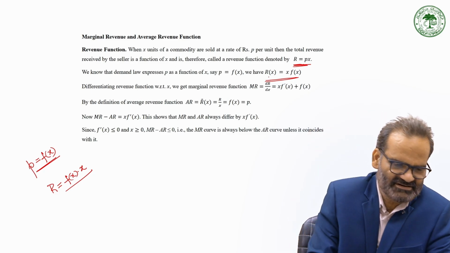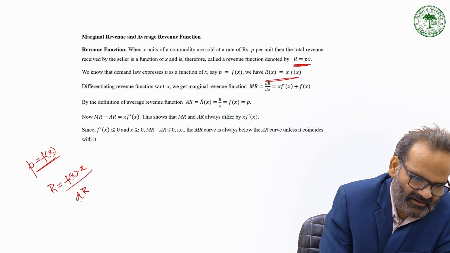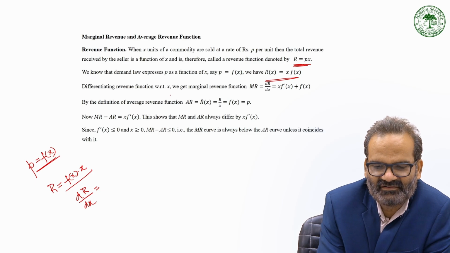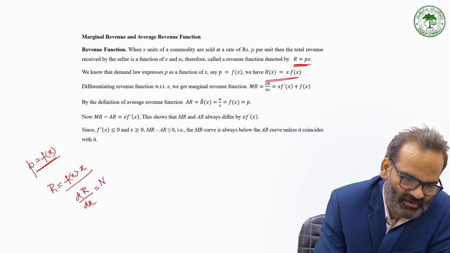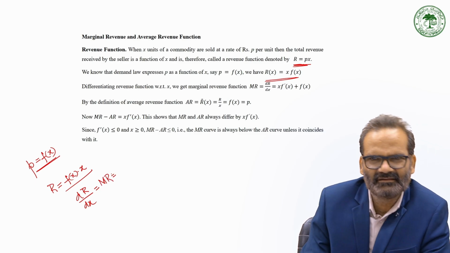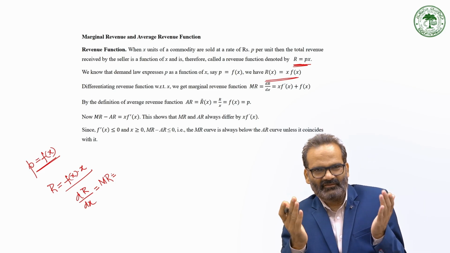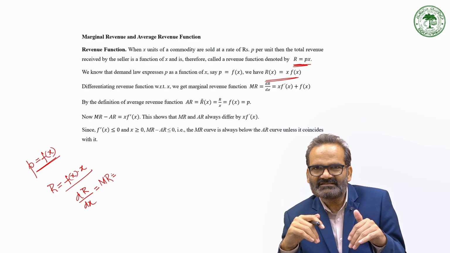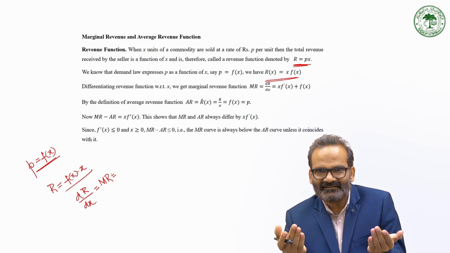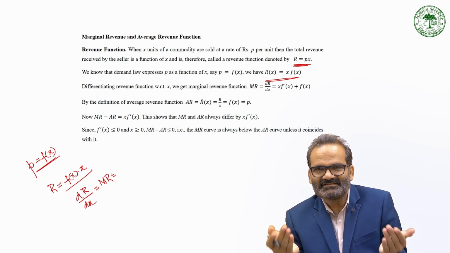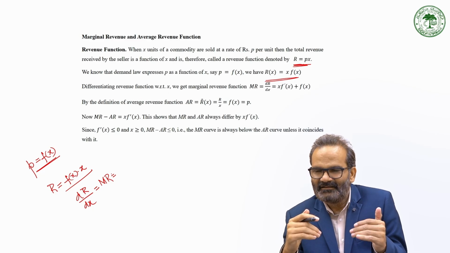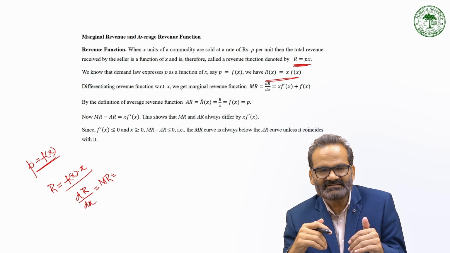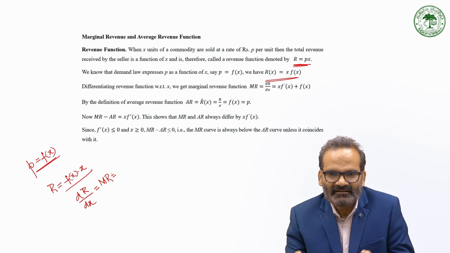Now we can differentiate it to find dR/dx. Differentiating the revenue function with respect to x is what is known as the marginal revenue. In the same way, if you are given any function, find its first derivative, and it will represent its marginal. The total cost function differentiated gives the marginal cost. If the total revenue function is differentiated once, we will get the marginal revenue.